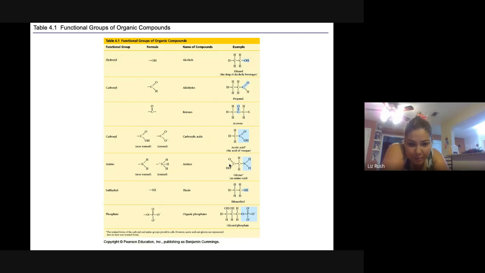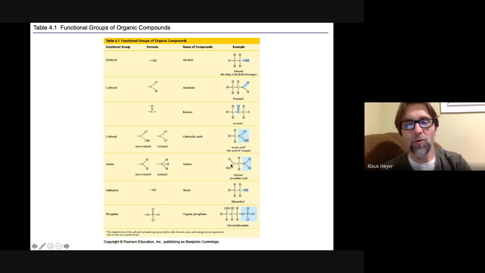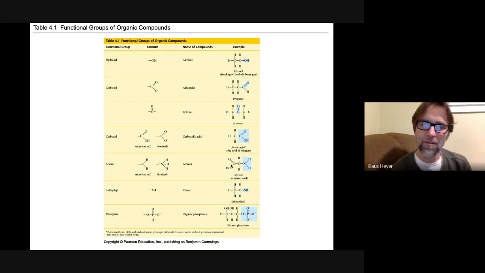Well, you could say both. You could say it's basic and it's acidic in this case because you see both of them on there. But if I only had the amino on it, you would say basic, if I just had the part that's in blue. But this one has both. So you're like, well, it's basic and it's acidic.